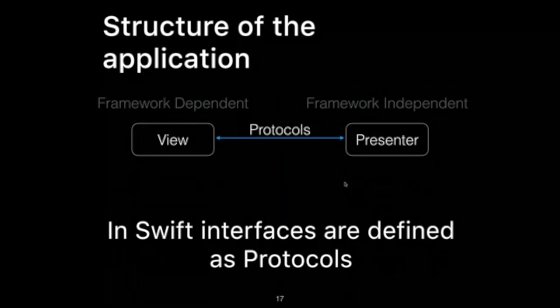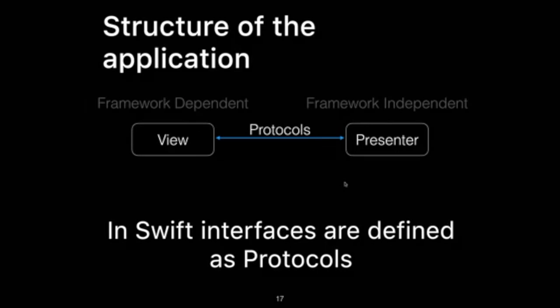And this kind of approach got named in the community as protocol-oriented programming. In simple terms, it means that our objects talk in terms of abstractions of our domain instead of talking with concrete objects. So that was the structure of a typical application.